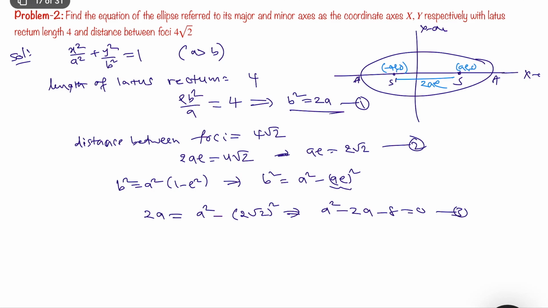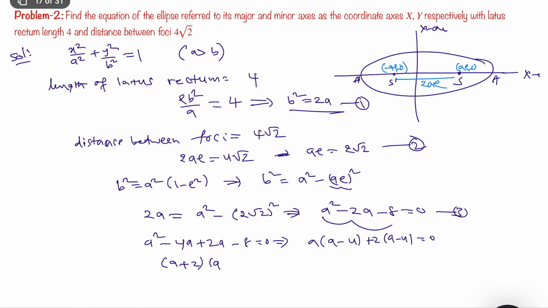So if you try to solve this equation for a, what do you get here? a square minus 4a plus 2a minus 8 equal 0. So if you write a times a minus 4 plus 2 times a minus 4 equal to 0. So we have a plus 2 times a minus 4 equal to 0.